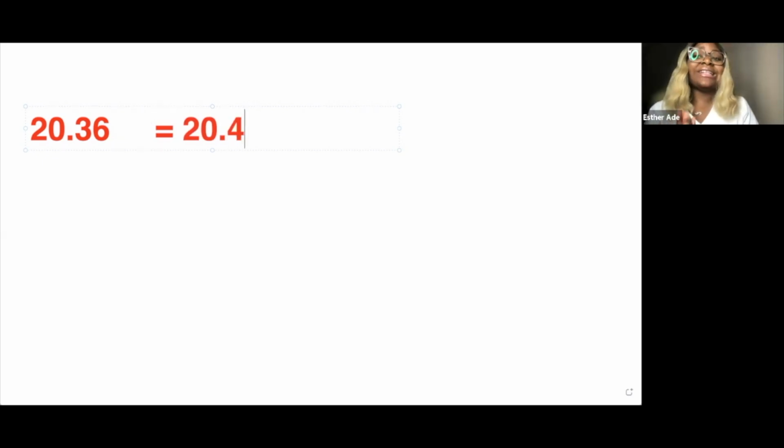All right, remember with the 10th place, you need at least one number behind your decimal point. This is my decimal point. This is the one number behind it. I stop right here. I lock the door. What am I going to do with this 6? Luckily, it's up to 5 and more. So I bring it over here. It becomes plus 1. So that gives us our 20.4.